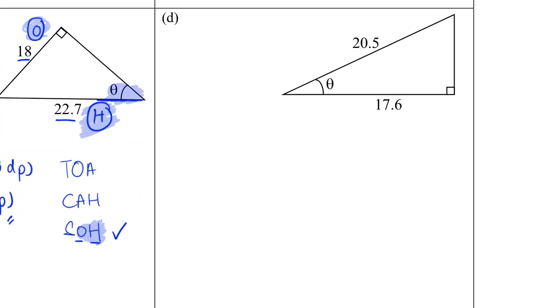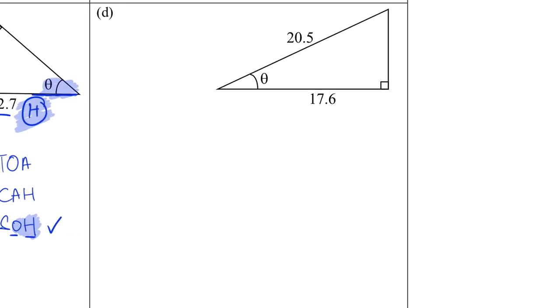And let's move on to the last example. And so again, if you want to try on your own first, do give the video a pause. So I start off with writing the Toa Cah Soh here. And my angle is here.